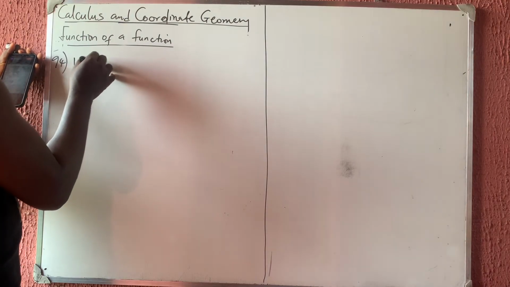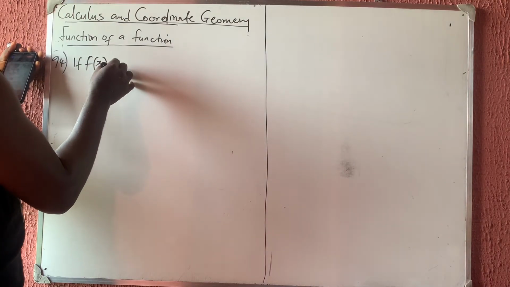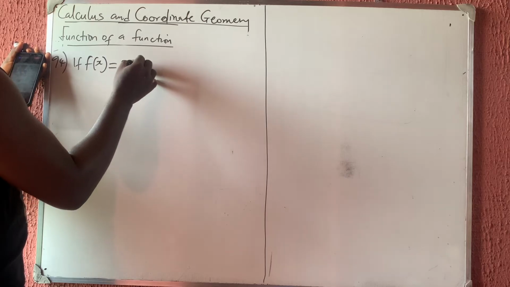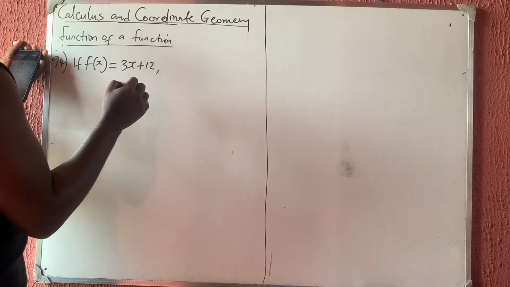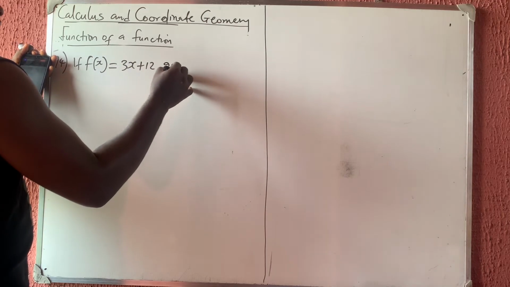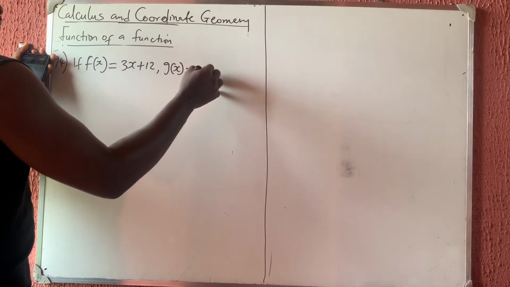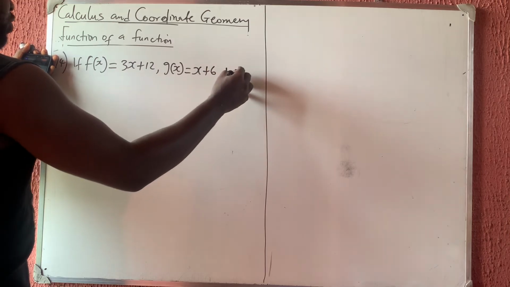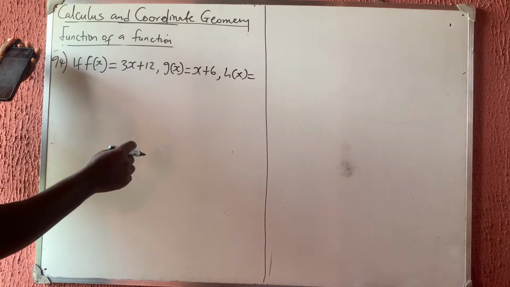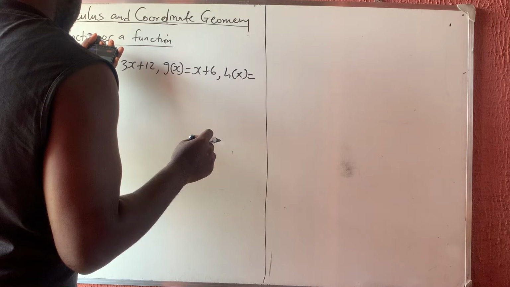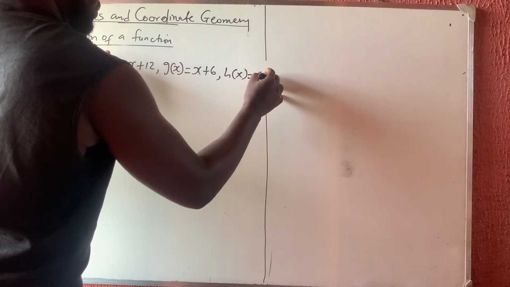if f of x is equal to 3x plus 12, then g of x is equal to x plus 6, h of x is equal to x plus 1.